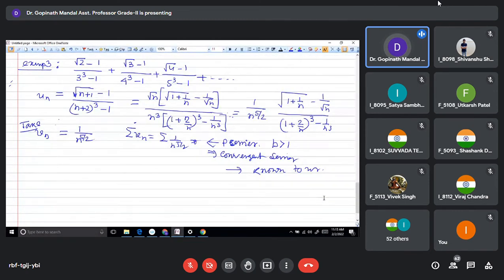Now we compare. We compare what? The un by Vn. So un by Vn will be 1 by n to the power 5 by 2, this cancels, and we get the limit n tending to infinity of 1 plus 1 by n.